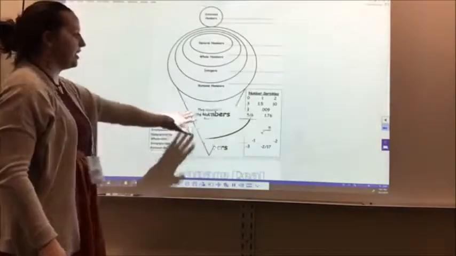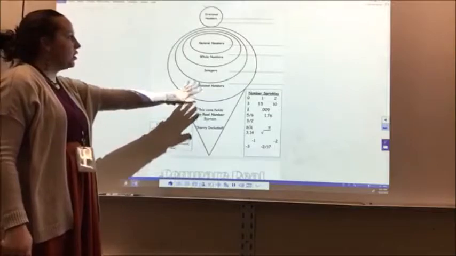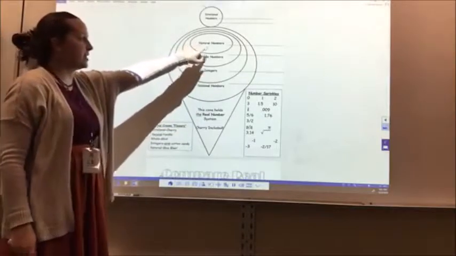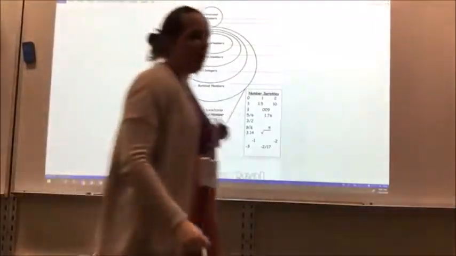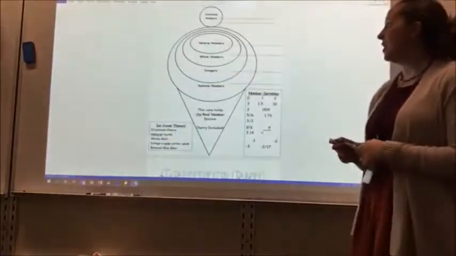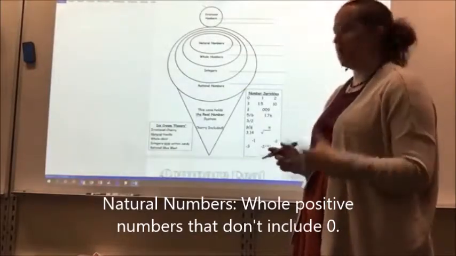This is the real number system, including the cherry. Okay, so I start with my natural numbers. They're my smallest circle. Okay, so my number sprinkles down here, we're going to go ahead and fill these out together. So natural numbers are any whole numbers that don't include 0.